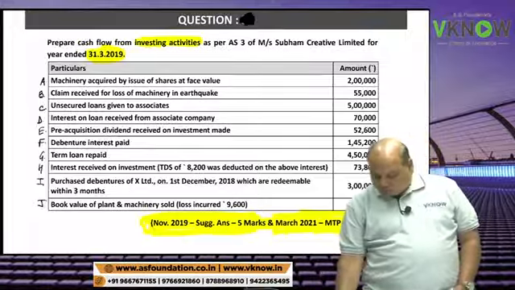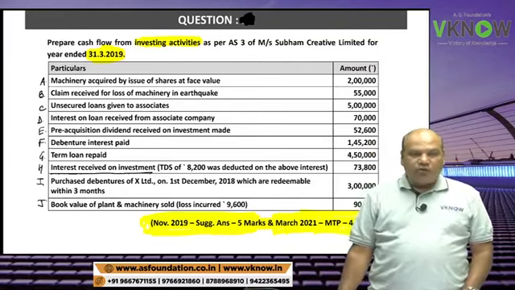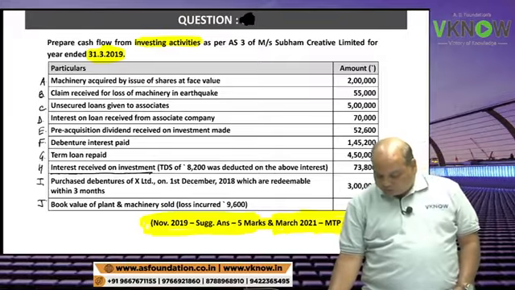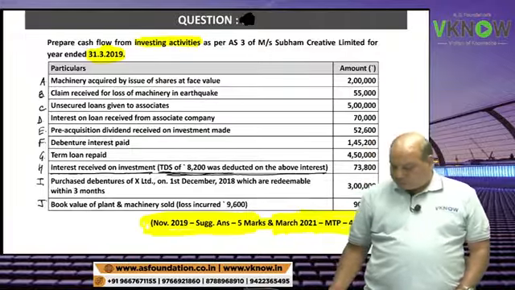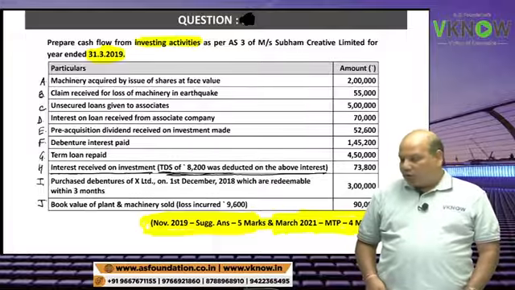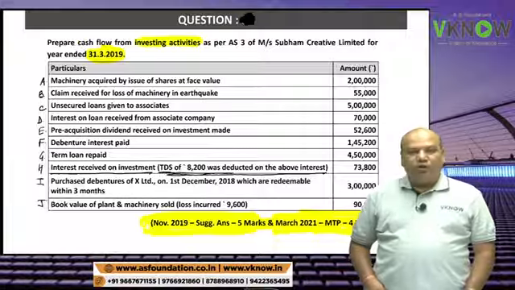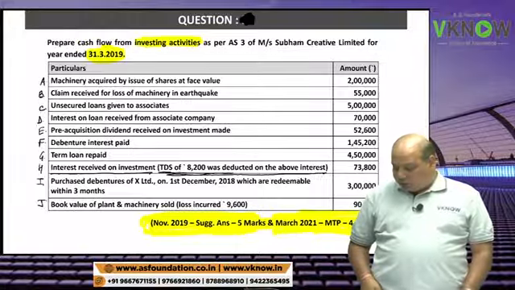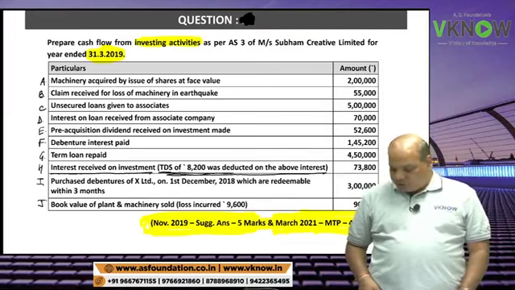Point H: interest received on investment (TDS of rupees 8,200 was deducted on the above interest), 73,800.